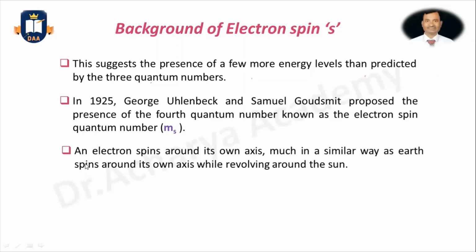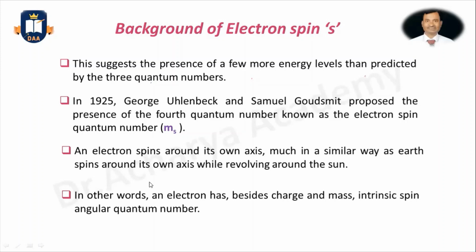Electron spin. What is this? Electron spin quantum number: an electron, we know, spins around its own axis, much in a similar way as Earth spins around its own axis while revolving around the sun. So in other words, an electron has, besides charge and mass, an intrinsic spin angular quantum number.